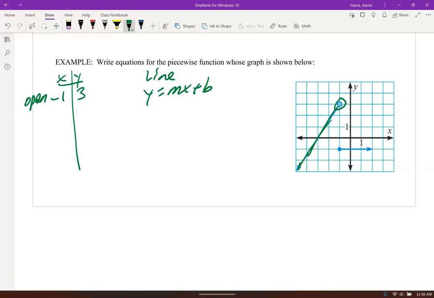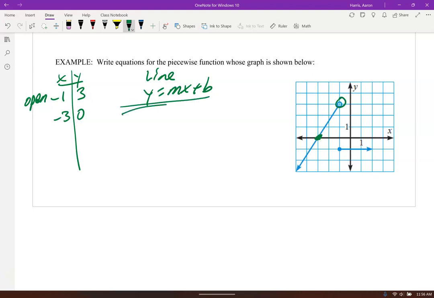But I do have a solid integer coordinate right here, negative 3, 0. I know it doesn't hit it, but I can use it because I know it's an integer coordinate.